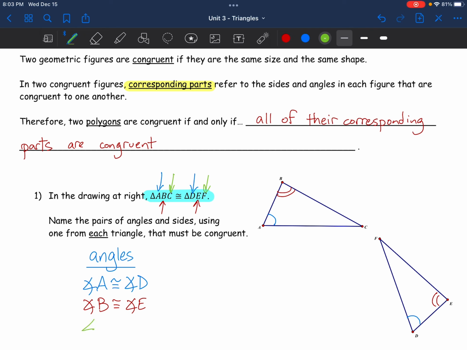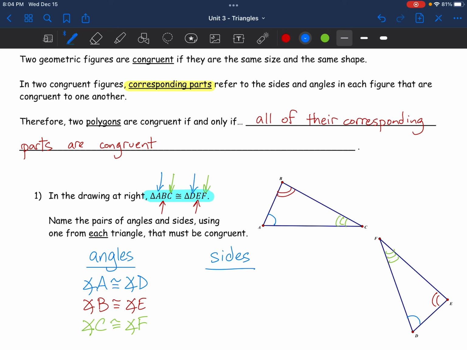That means anywhere I see an A, I should see a D in the other triangle. Anywhere I see a C, I should see an F in the other triangle. Cool. So that's pretty quick and easy, and if you guys can deal with it with the angles, then the sides are really not going to be that much different. The only difference with sides is that we use two letters to denote a side.